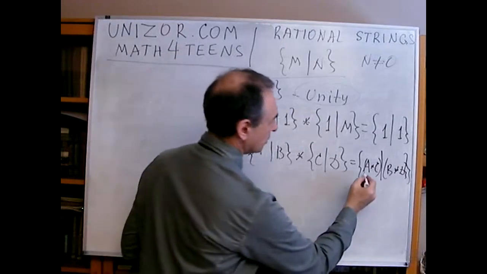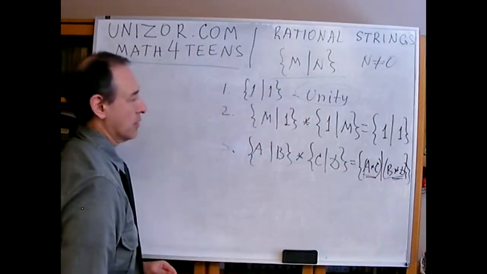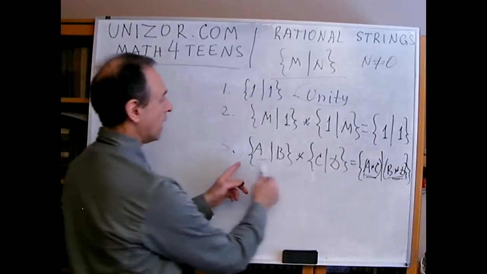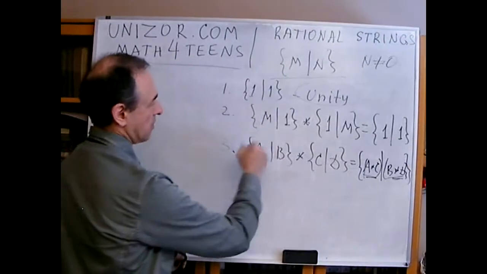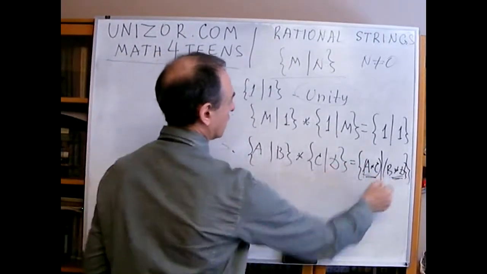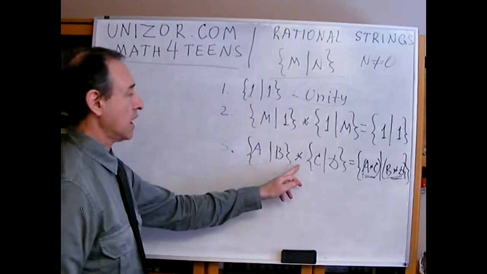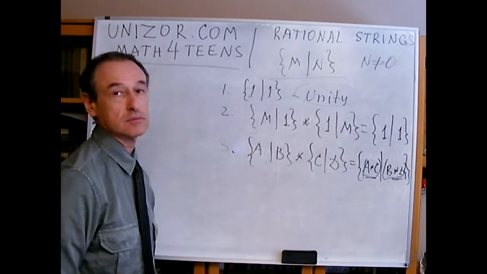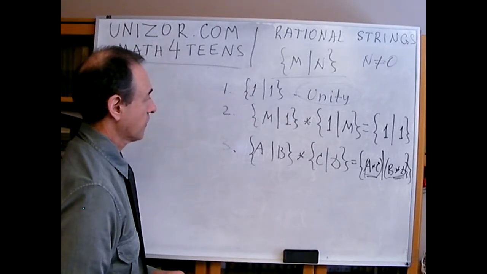So this is the real multiplication between two natural numbers. That's how I define my multiplication between two rational numbers: I multiply numerators and I multiply denominators. This is the definition of multiplication between two strings, which represent my numbers.